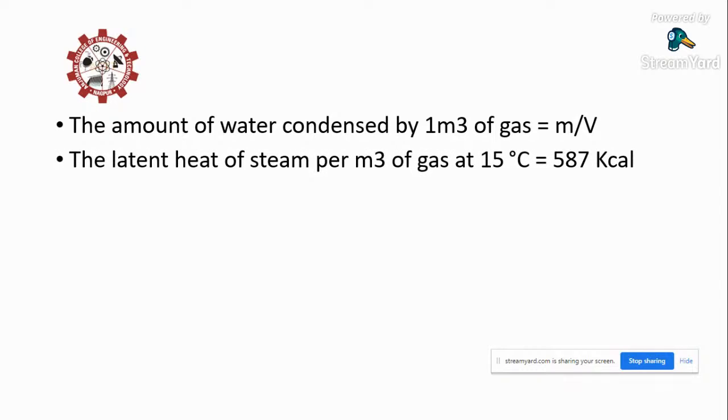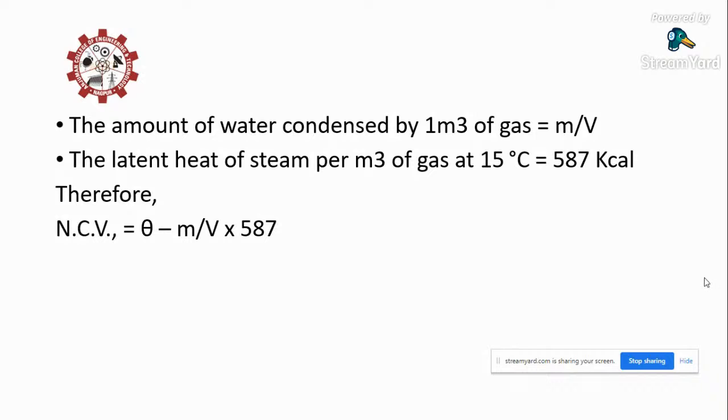And the latent heat of steam per cubic meter of gas at normal temperature, that is 15 degrees Celsius, is 587 kilocalories. Therefore, NCV will be equal to theta, which is GCV minus M upon V into 587.